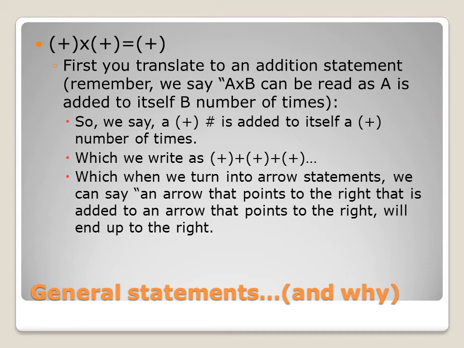So we would say a positive number is added to itself a positive number of times, which we would then write as positive plus positive plus positive, which we can then turn into arrow statements and say an arrow that points to the right that is added to an arrow that points to the right, and so on, will always end up to the right of where you started.